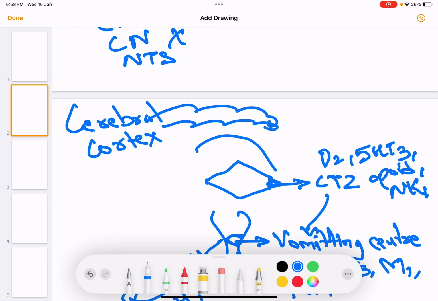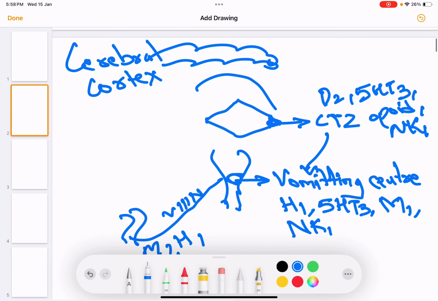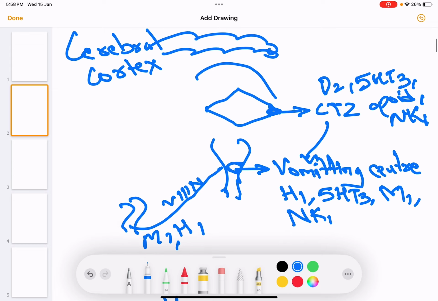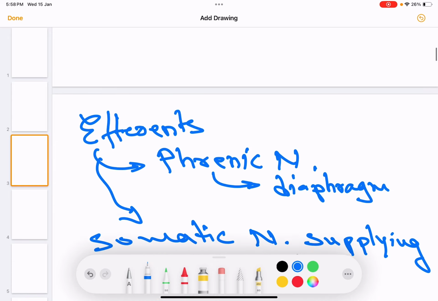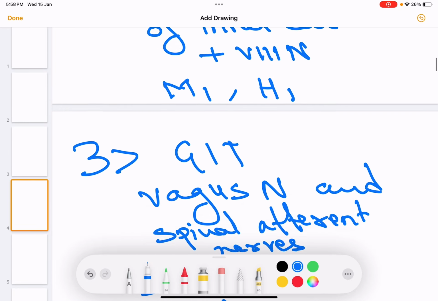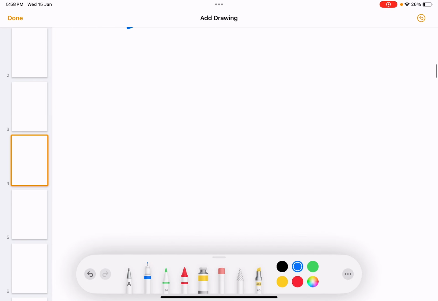Even before administration of chemotherapy, just because the person knows that he will get chemotherapy, the vomiting happens. So that is known as anticipatory vomiting, and it is mediated at the level of the cerebral cortex. So these are the 4 afferents.